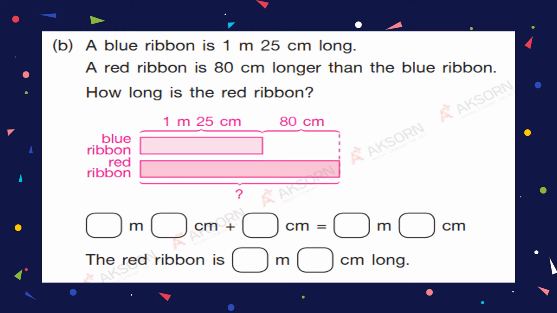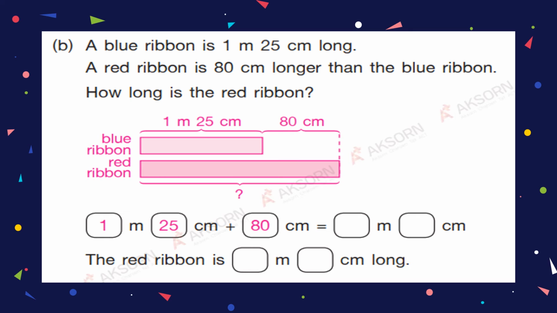We're going to write 1 meter and 25 centimeters plus 80. We're going to add first the centimeters, which is 25 plus 80. How many is 25 plus 80? 105. Very good.